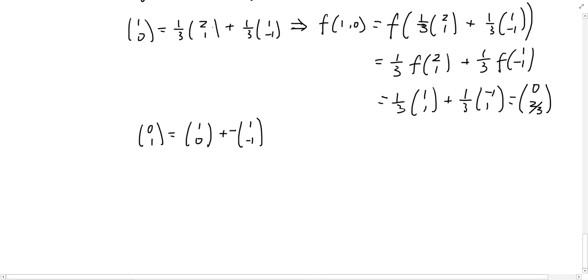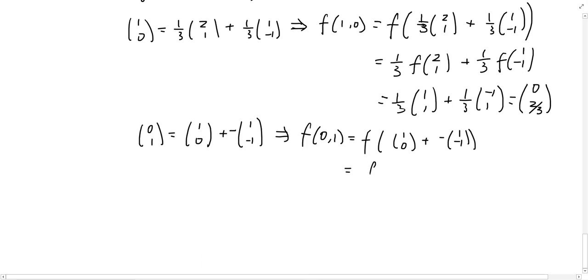I would imagine most of you probably tried to do the same thing by using (0, 1) equal to something times (2, 1) plus something times (1, -1). If you do that, it's fine. You get the same answer, so don't worry. As a matter of fact, you should see that you have the same answer as I do. And so in this case, f of (0, 1) would just equal f of (1, 0) plus -1 times (1, -1).